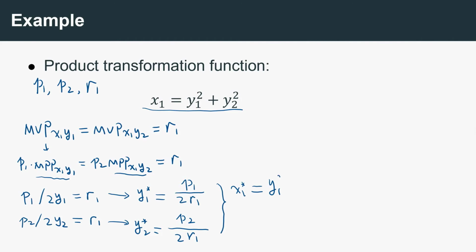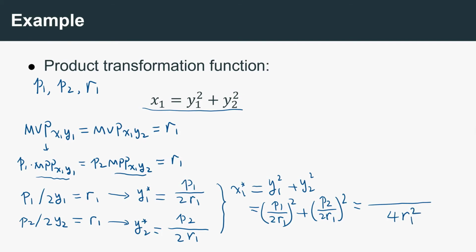So this is Y1 squared plus Y2 squared, and this is equal to P1 over 2R1 squared plus P2 over 2R1 squared, and this is equal to 4R1 squared on the denominator, and on the numerator we have P1 squared plus P2 squared.